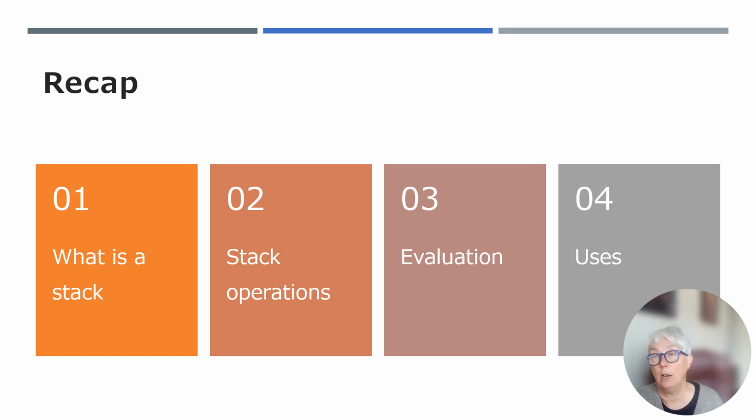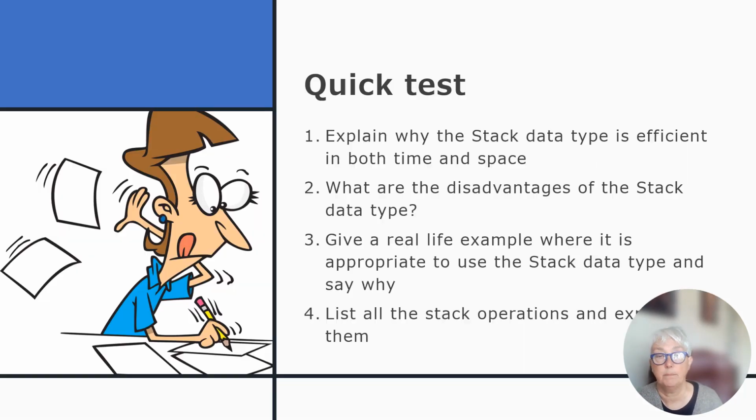Okay, so there's going to be a test, so have a go at these questions. So first answer these 4 questions, and then there's an activity on the next slide as well, so do that as well. Explain why the stack is efficient in both time and space.